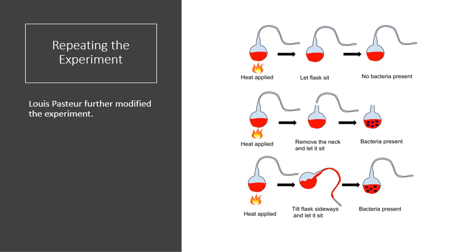He let that flask sit open to the air, but not allowing bacteria in for days, then weeks, then months, and nothing happened. Then he snapped the top off. 2 days after he snapped the top off, bacteria grew in it, showing that the bacteria didn't spontaneously generate, that they were naturally in the air.